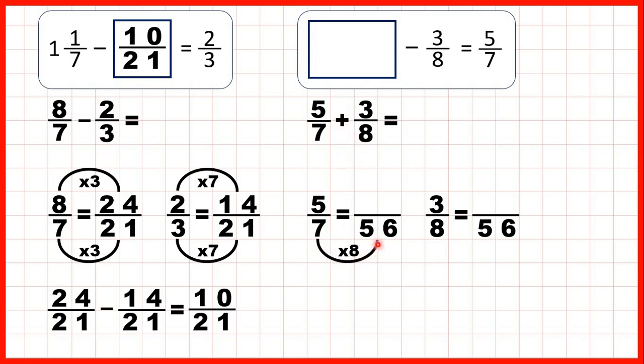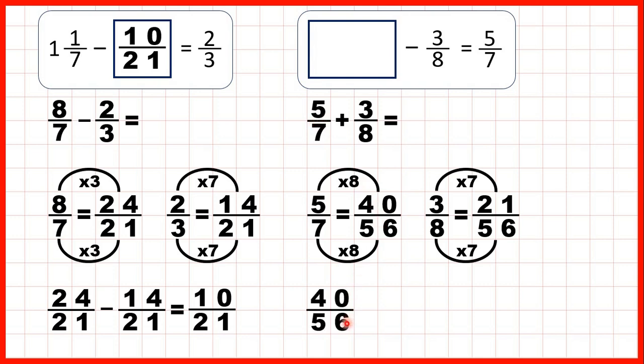Now 7 times 8 is 56, and 5 times 8 is 40. 8 times 7 is 56, and 3 times 7 is 21. So instead of 5/7, we can write 40 over 56, and instead of adding 3/8, we can add 21 over 56, because that's equivalent, that's a fraction of the same size.